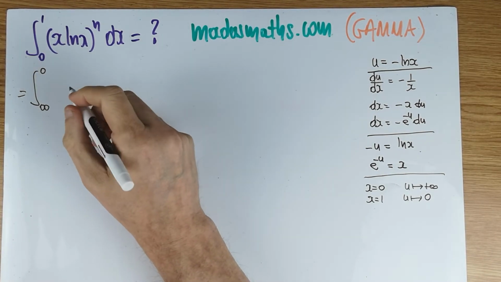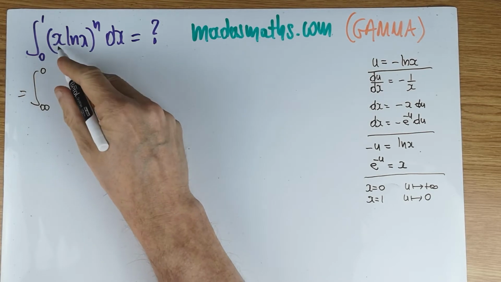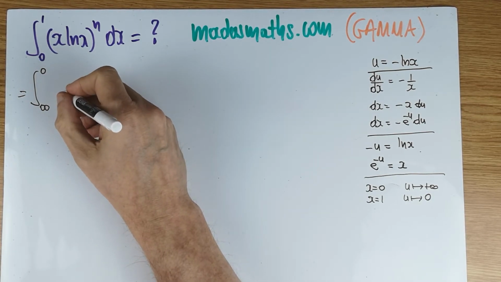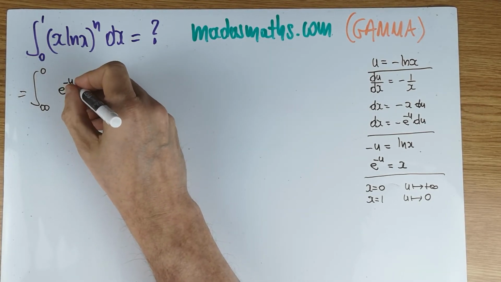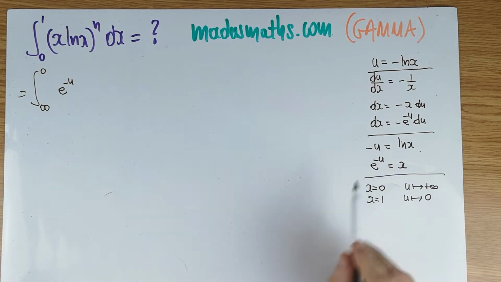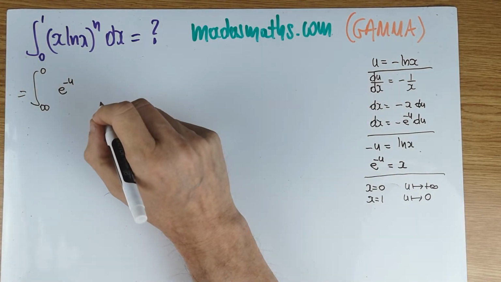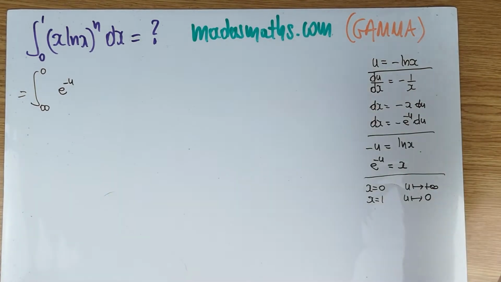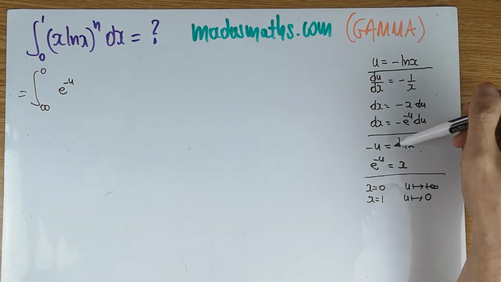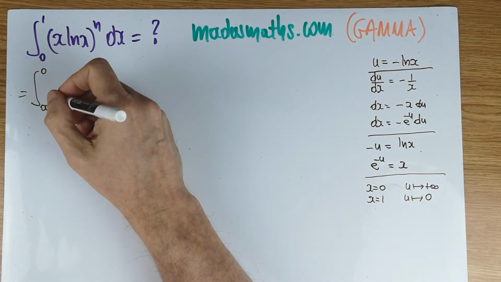In the x log x, I'm going to write x as e to the minus u. The log of x is, of course, minus u, so we can write that at the front.